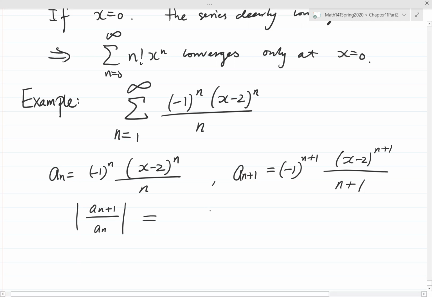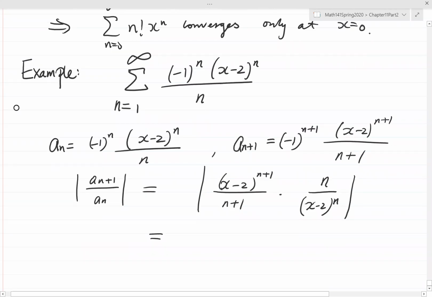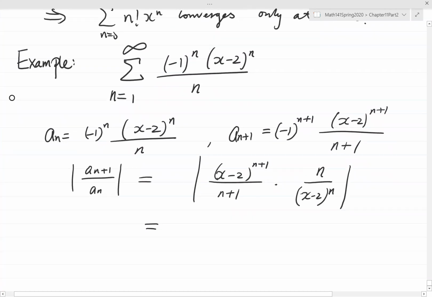So we just cancel that. Now, dividing by a_n, we multiply by the reciprocal. The x minus 2 cancels with x minus 2, so we get this x minus 2 factor, and then n over n factorial.